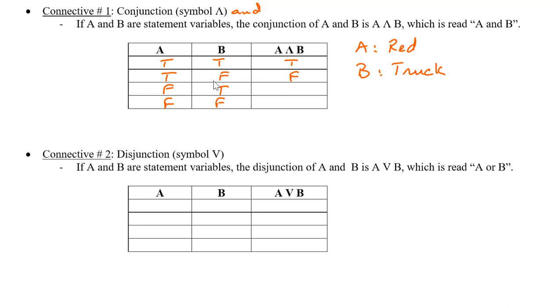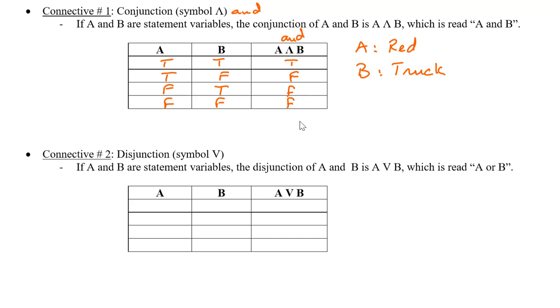And also A false, so I have a blue vehicle, but it's a truck, but still it's not what we want, a red truck. So this is also false and this is also false. So what do we know? When you have and, this is the symbol for and, then in order for it to be true, both have to be true. Otherwise it's false.